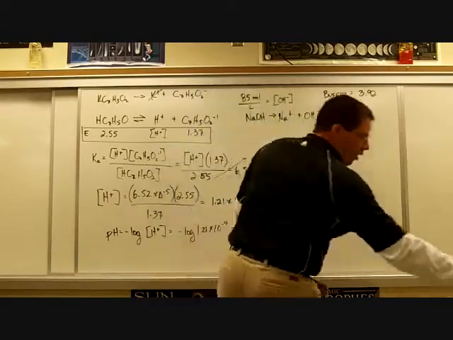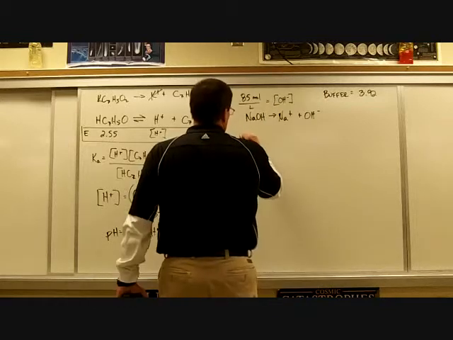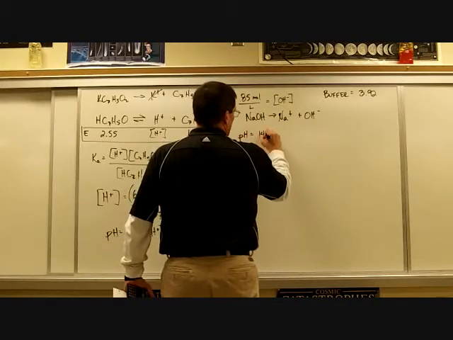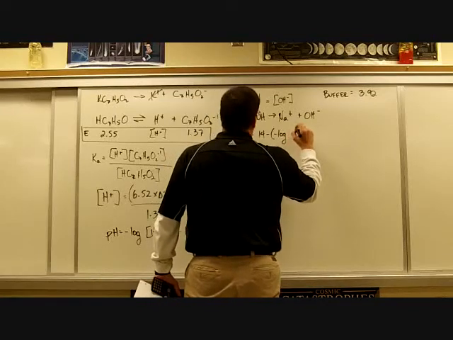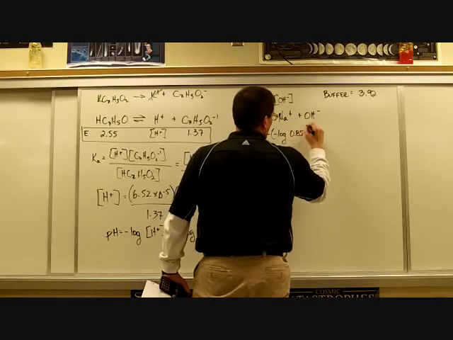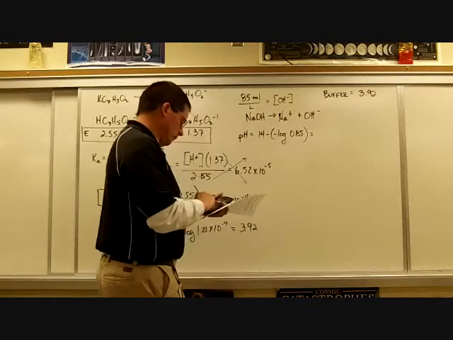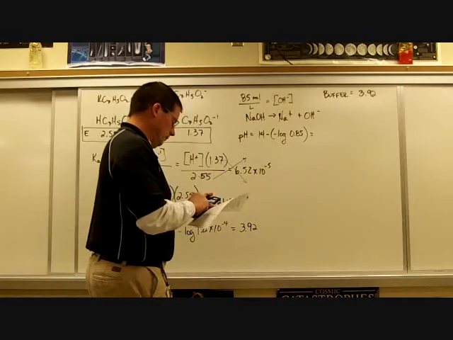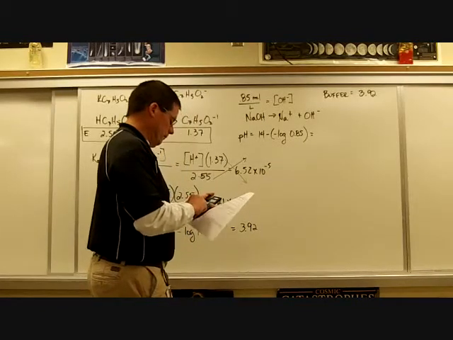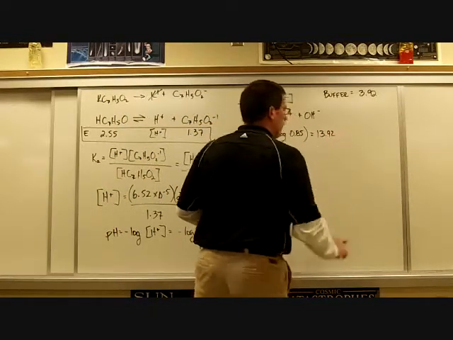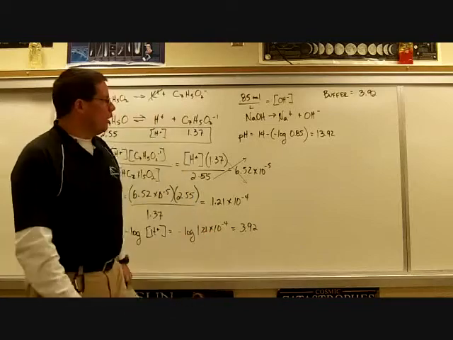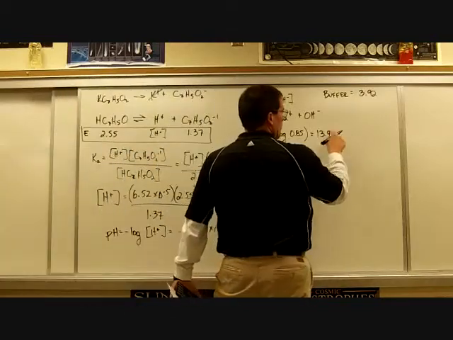If I take the negative log of that, actually I'm going to take 14 minus the negative log of that, because this would be my pOH. That would give me a pH around 13.92 if I place that in pure water. So that's a big, big jump, okay?